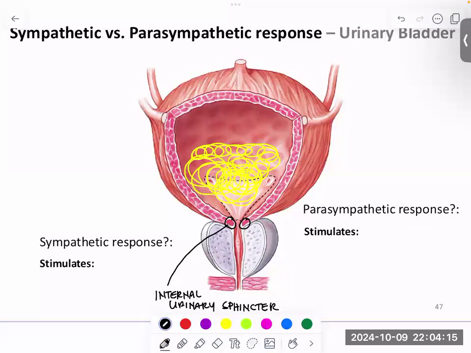While this fills up, this one remains closed. So urine doesn't exit into the urethra. Makes sense. You don't want to be trickling pee as the urinary bladder is filling up. That would be embarrassing. In nature, that would attract the predators right to you. You're leaving a trail right to you all the time.